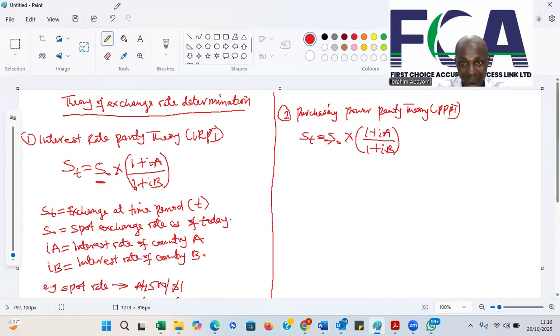I don't like the concept of inflation of foreign country, inflation of domestic country. Otherwise, if that is what I've crammed, the danger is that when they give you an indirect quotation, it becomes difficult to identify which one is the home currency and which one is the foreign country. Don't forget, when you're writing the exam, you don't look at where your physical body is to say this is your local currency.